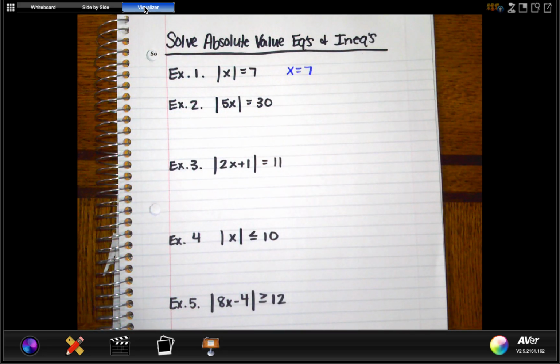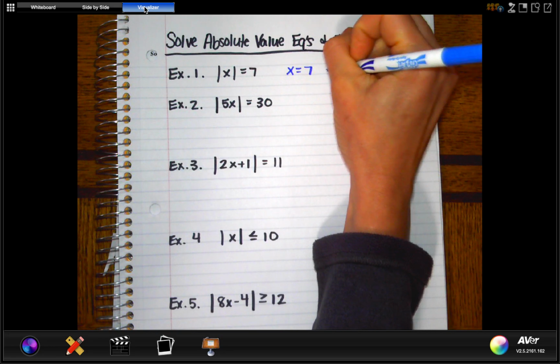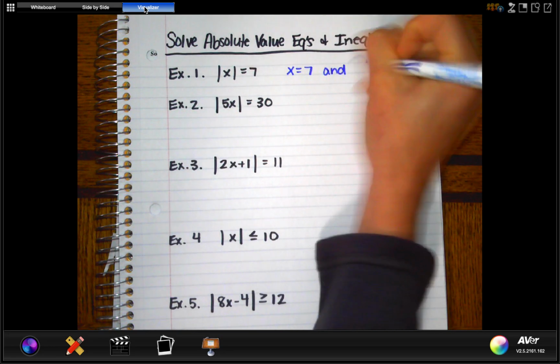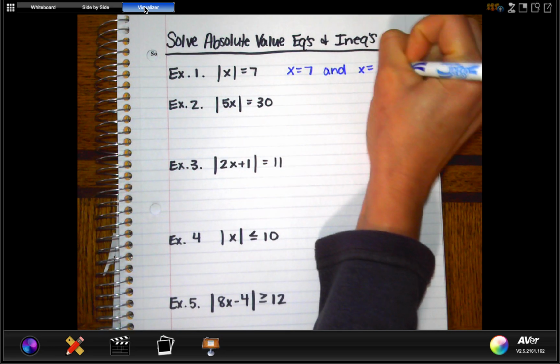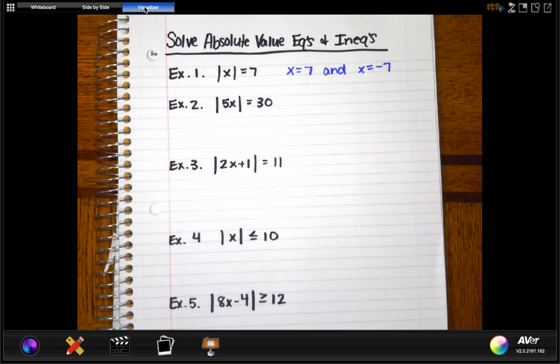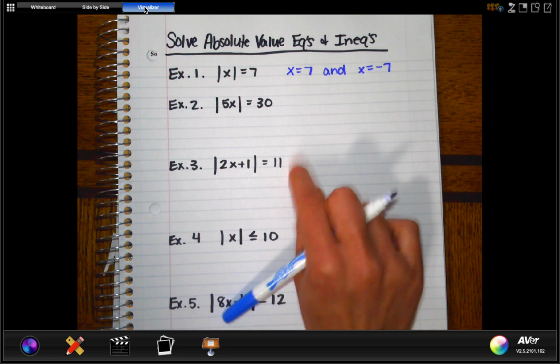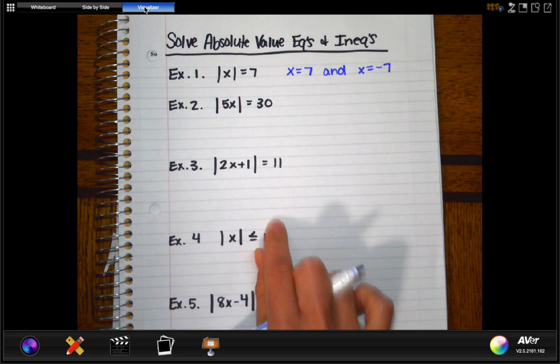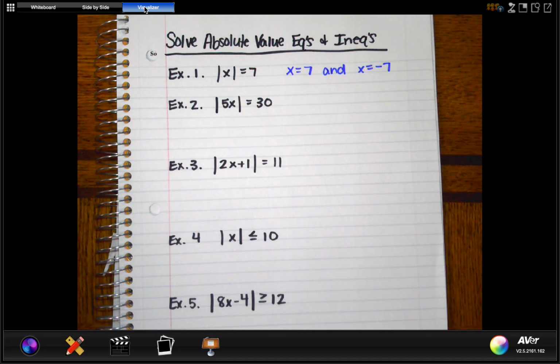We also know that -7 is also 7 units from 0. So it's in the negative direction, but we're talking about on the number line, okay?